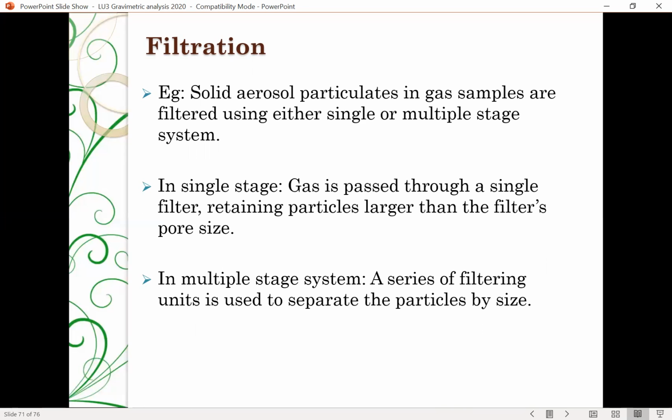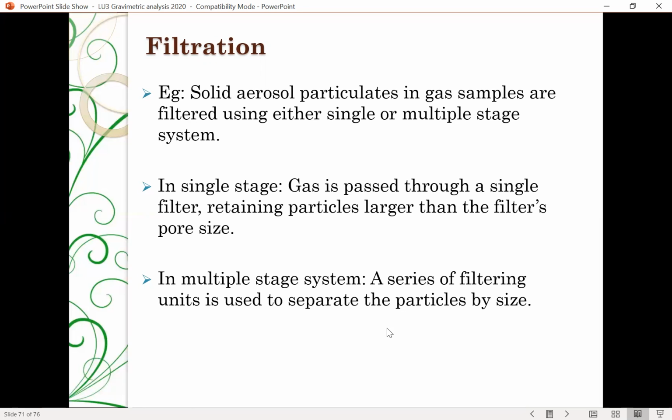Okay, these are some examples of filtration process. Let's say you have solid aerosol particulates in gas sample. You can filter them using either a single or multiple stage filter system. So in a single stage filter system, the gas is passed through a single filter, retaining particles larger than the filter's pore size.